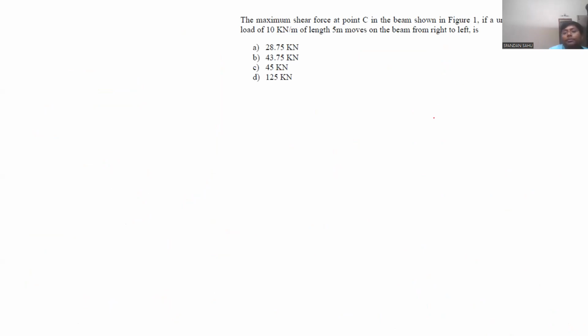Now here, in the same question above, they are telling we need to determine the maximum shear force at point C in the beam shown in figure 1, that same beam. I am drawing it here again for clarity. This was point C. This was 14 meter.